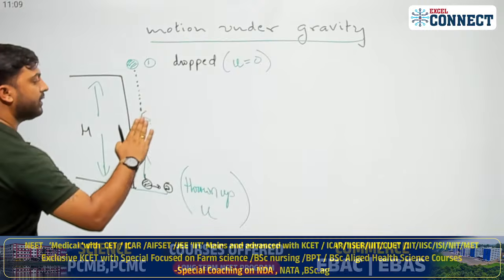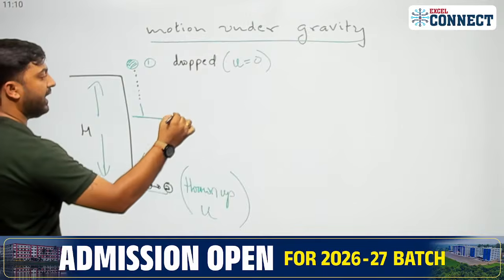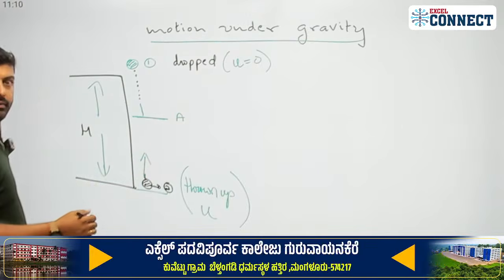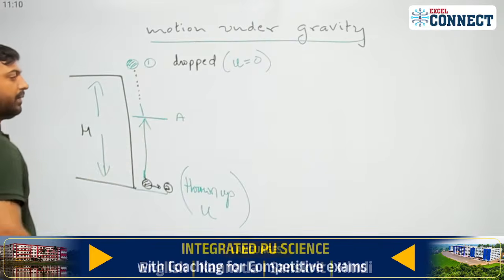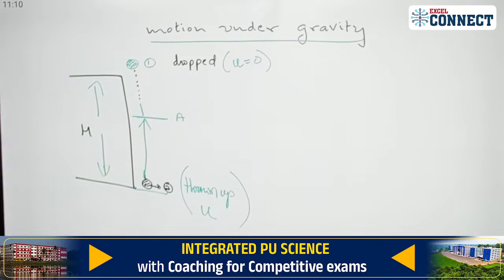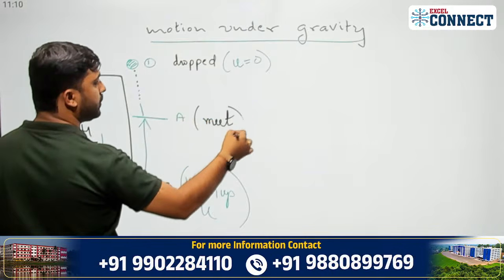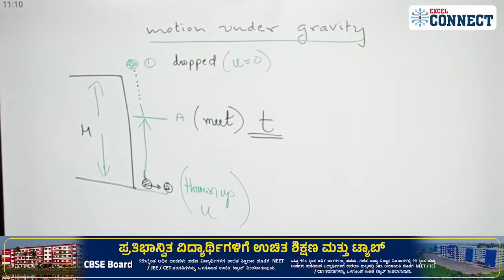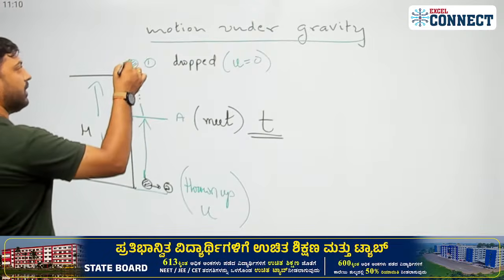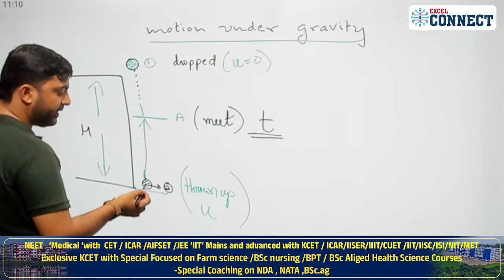They may meet at a point A. So, time taken is t. Both objects are set into motion together. The first ball is dropped, at the same time the second ball is thrown.